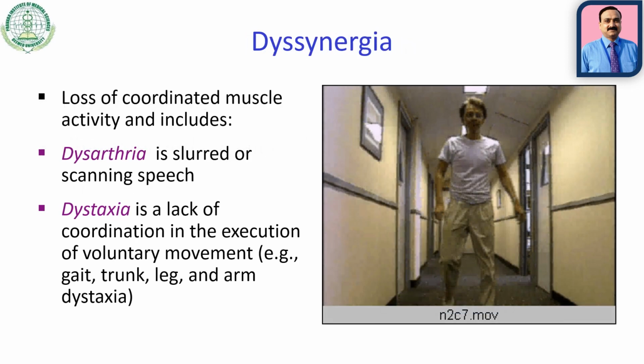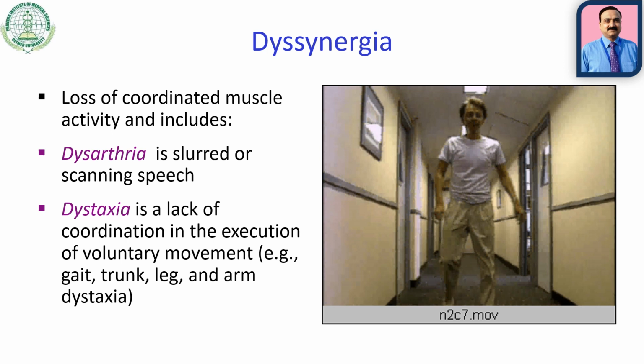Then another feature is dyssynergia. Dyssynergia means loss of coordinated muscle activity, and which includes dysarthria, that is slurred or scanning speech. Then dystaxia, which is lack of coordination in the execution of voluntary movements.